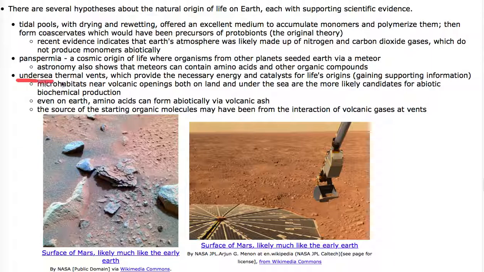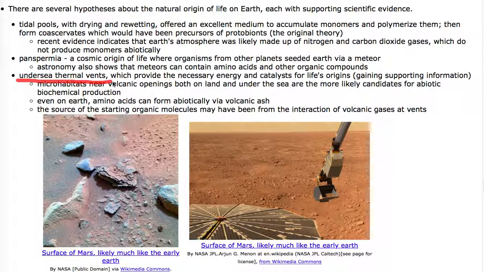What's gaining momentum, though, in evidence accumulation is undersea thermal vent. Undersea thermal vents provide both the space and the opportunity for aggregates to form. In this case, you have energy, which is volcanic energy, bubbling out into the ocean. That interaction of volcanism and the ocean water forms an entire cocktail of molecular compounds, and some of them are biochemicals.